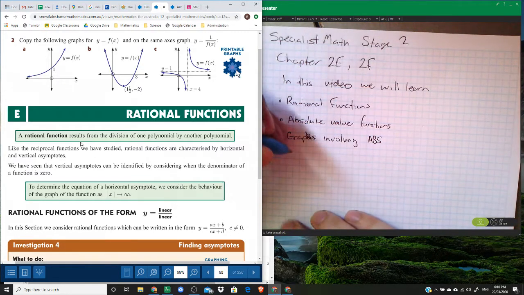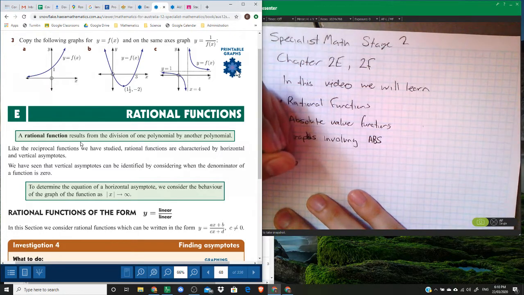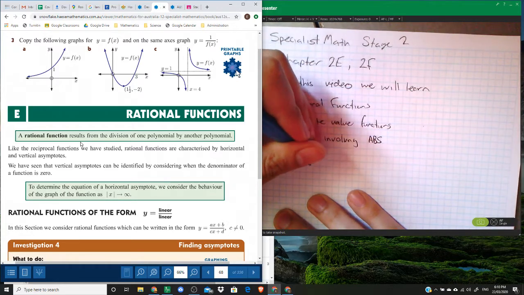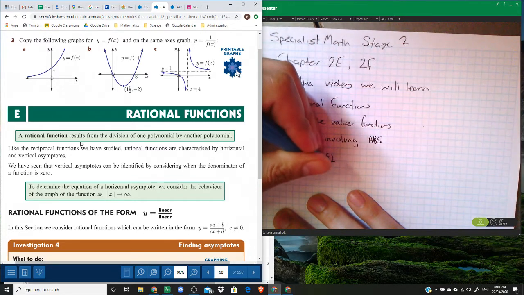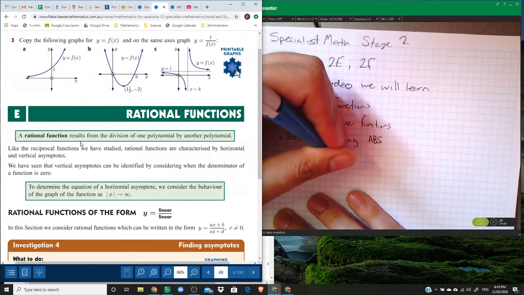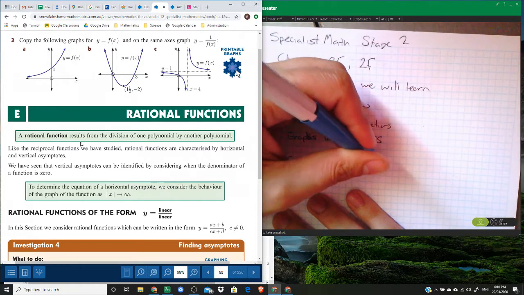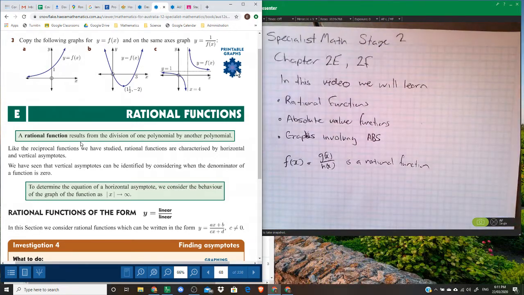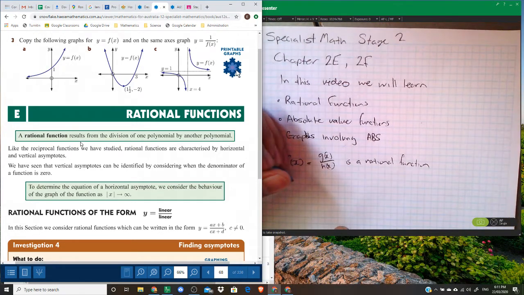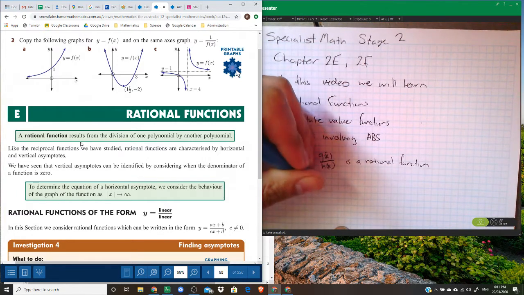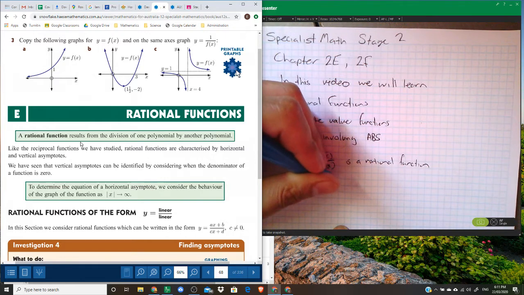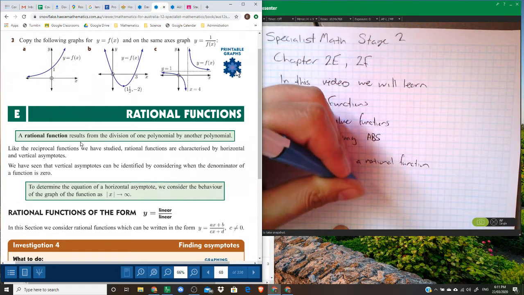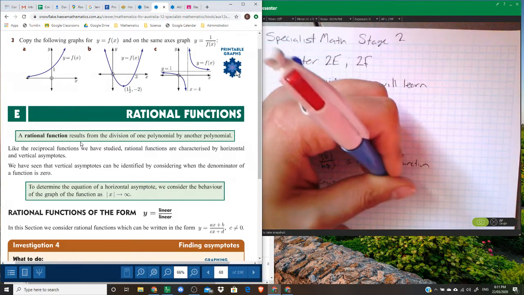The rational functions generally involve a division between two functions. So I could say f of x equals g of x on h of x would be a rational function. It will have zeros when g of x equals 0.